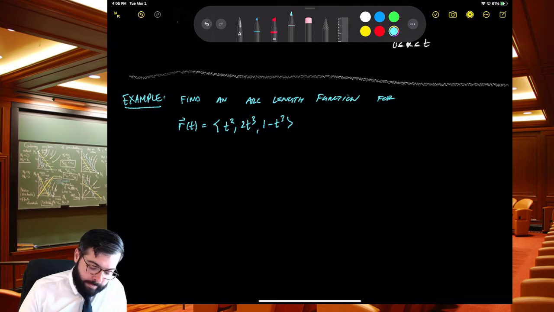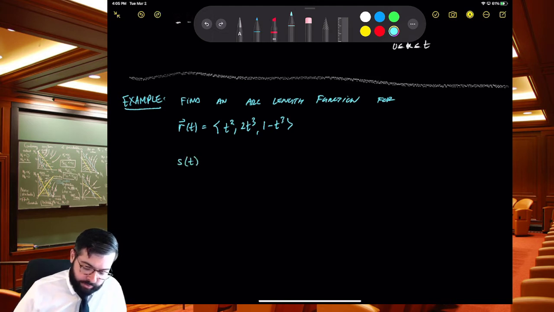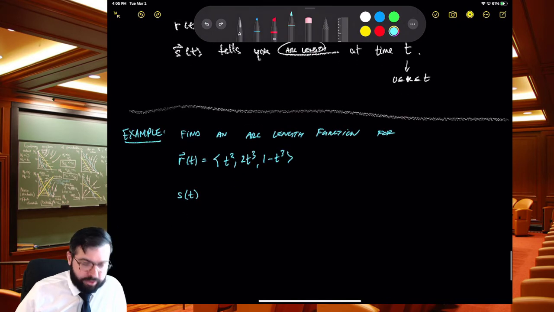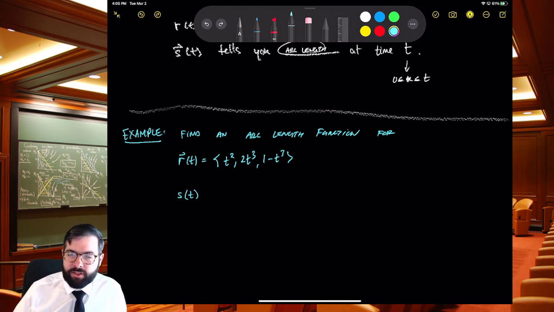So here, how are we going to do this? S of t. Also, you'll notice I just backtracked that notation, right? I put a vector sign on it and then took it back. Why is that? It's telling you a length. It's just telling you a length, which is not a vector, right? That's a scalar, right?